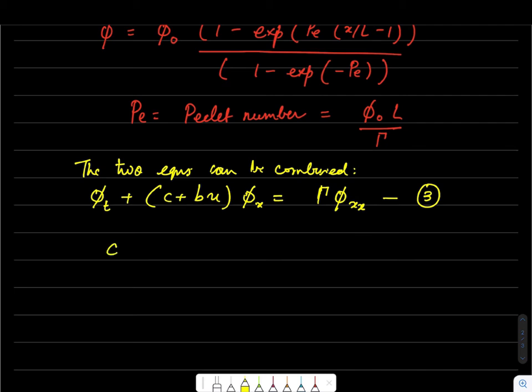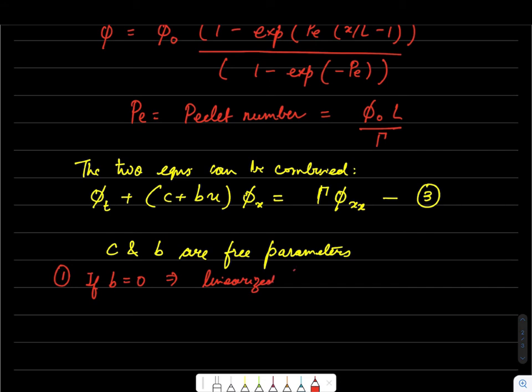Now here C and B are free parameters, and they are free in the sense that, look at this first scenario. If B was 0, we would recover the linearized Burgers' equation, and if C was 0 and B was 1, we would get the nonlinear Burgers' equation.